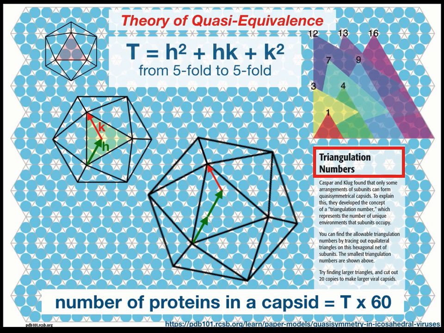So if the T is 3, like we see here, we just need to multiply that by 60 to get the number of proteins that are going to be forming that capsid. So if we have a T3 capsid, how many subunits would we have? 60 times 3, 180.